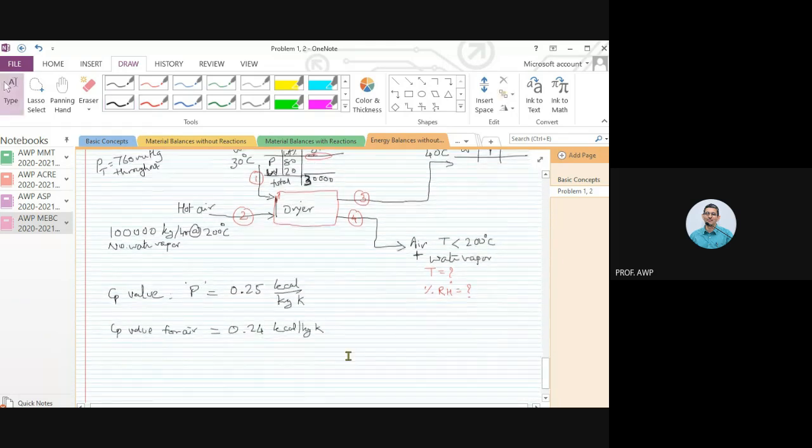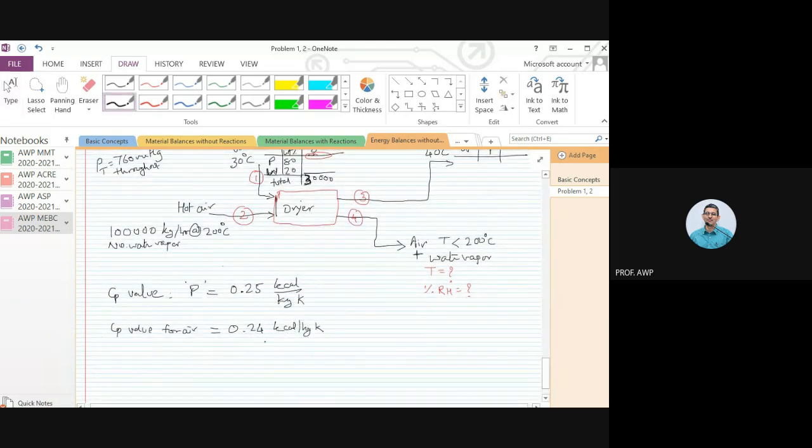So don't worry about the ABC values and all that. Just take this value 0.24 per kg of air. CP value for water vapor, we can take it as 0.45 kilocalories per kg Kelvin. CP for liquid water, we can take it as 1 kilocalorie per kg Kelvin. Latent heat at any temperature T degrees centigrade is 540 for water plus 0.55 into 100 minus T.